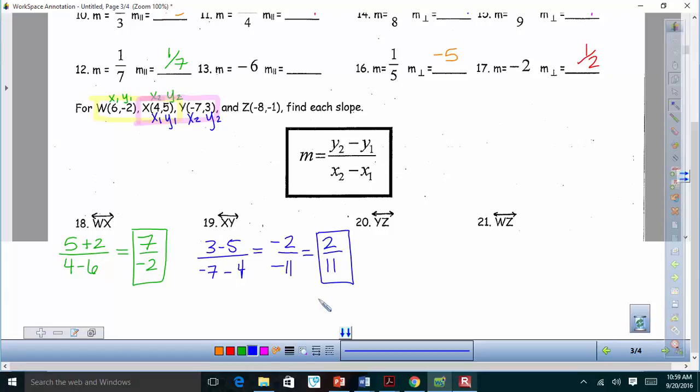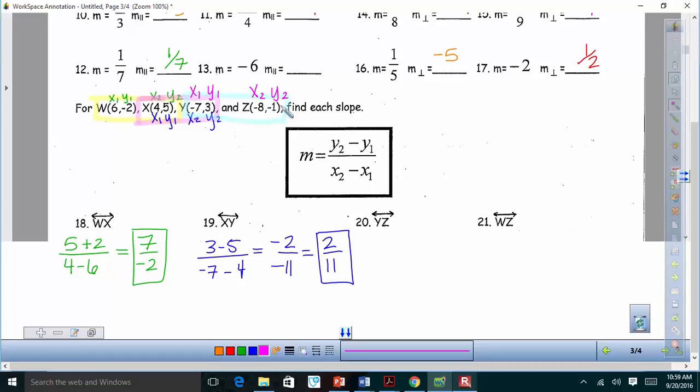Okay, let's try one more of these just to make sure we got it. So the next one is YZ. So I'm going to come over here and highlight Y and Z. Again, I want to label so I can keep them straight. So this was the first one I was given, so it's X1, Y1, X2, and Y2.